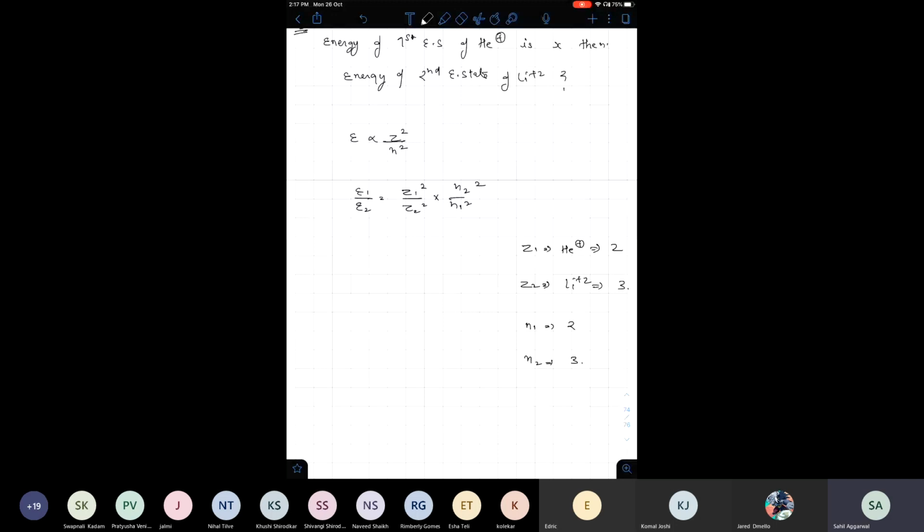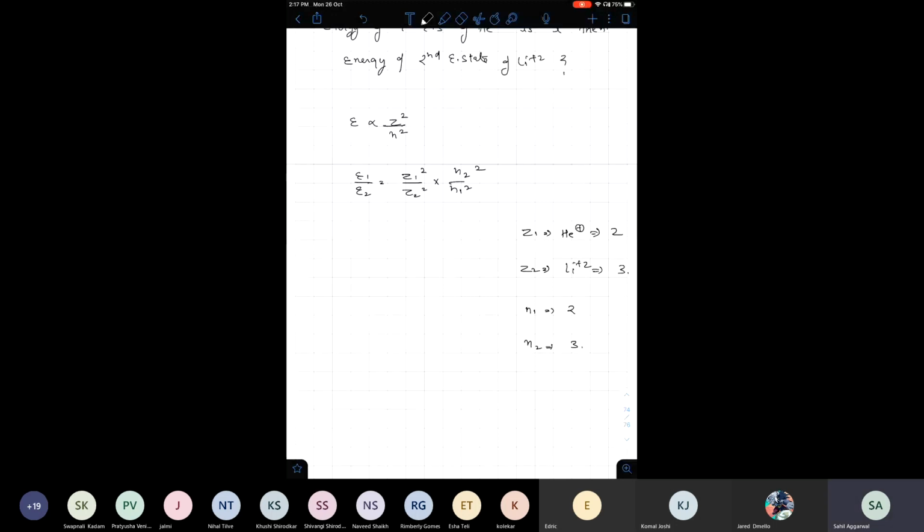That's it. So Z1 square by n1 square, Z2 square, n2 square. This will all get cancelled, meaning E1 equals E2, so it will be x. Understood?